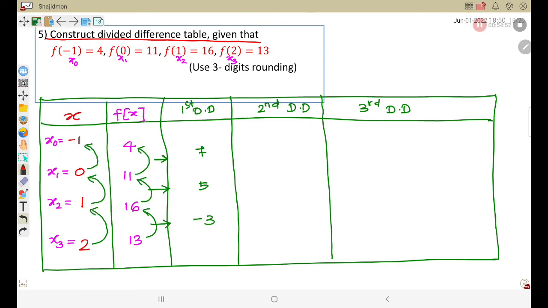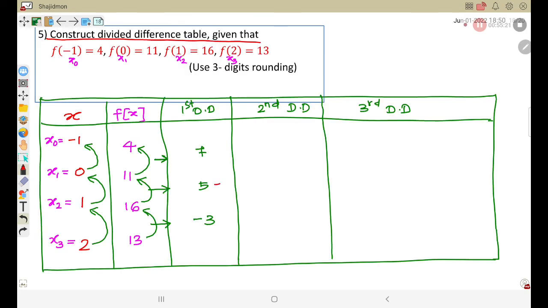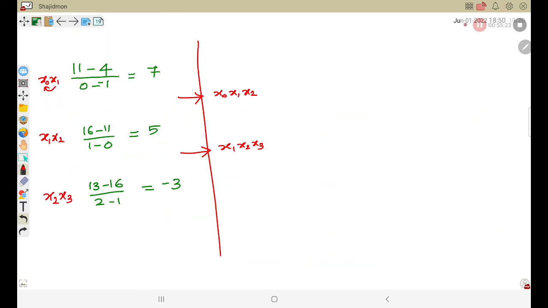Now we will go to the second order divided difference. Second order means we need to take 3 numbers at a time: x0, x1, x2, then x1, x2, x3. So 5 minus 7, divided by x2 minus x0.